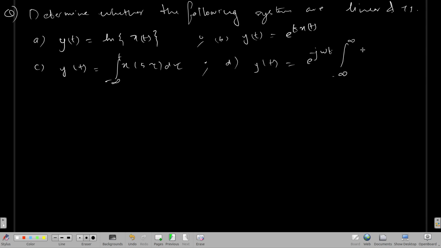The last one is the integral from minus infinity to infinity of x of tau e to the power of j omega tau d tau. Let's consider them one by one. Let's consider the first one, a, that is y of t is equal to log of x of t. First we have to check for linearity.